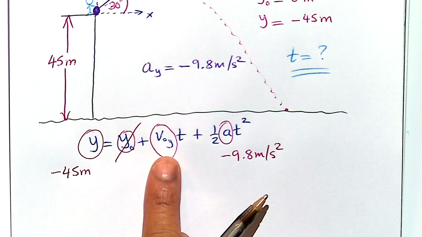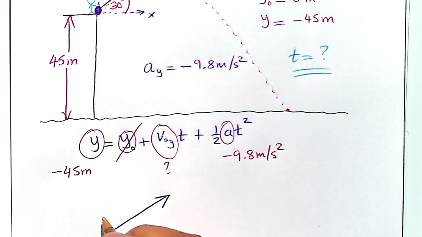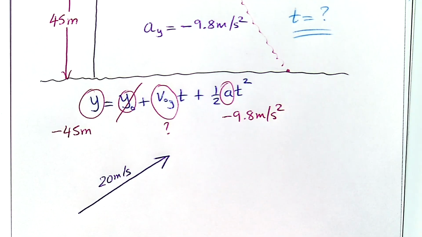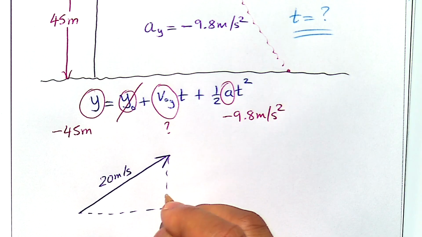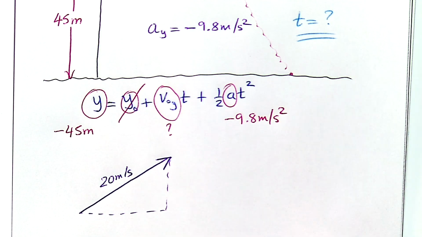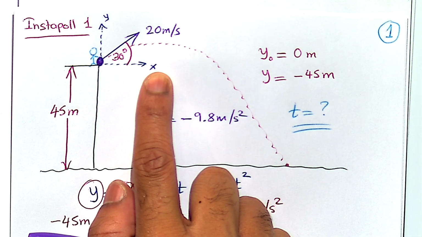Let's think about this initial velocity in the y. What I'm going to do is draw that vector, 20 meters per second, our velocity vector, and break it up into its component parts. So when I'm doing this, I'm trying to make a right triangle, and the 2 sides of the right triangle are not random. They're following the y-axis and the x-axis.